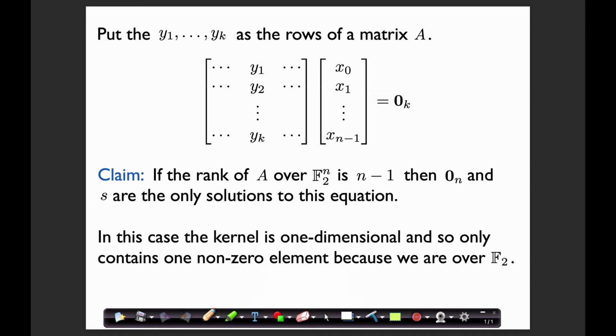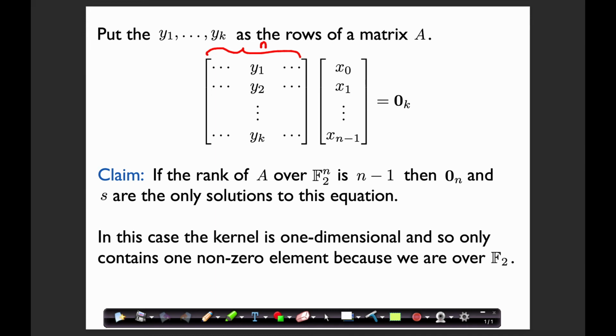So why is that? Well, if the rank of A is n minus 1, and we know that these are n-dimensional vectors here, that means that the dimension of the kernel of A, the set of all things that map to 0 under A, must be 1.